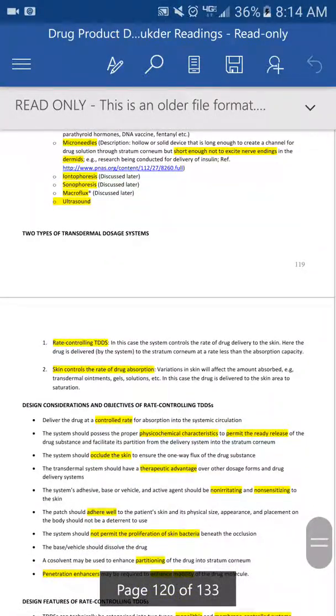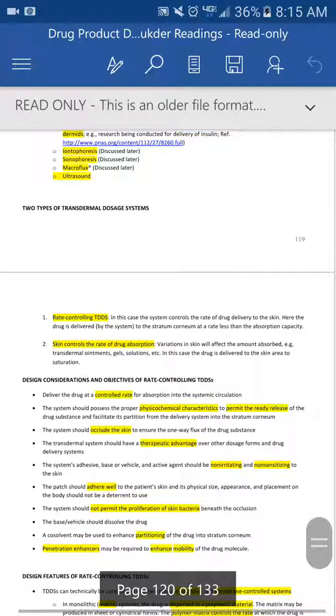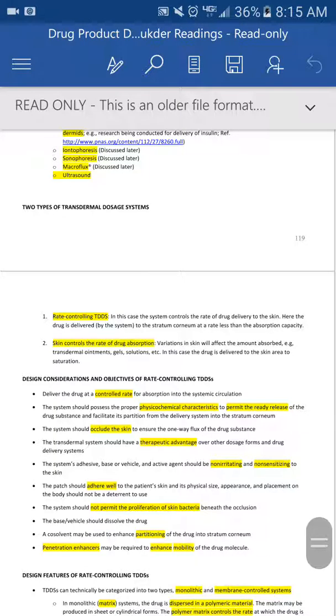Microneedles: a hollow or solid device that's long enough to create a channel for drug solution through the stratum corneum, but short enough to not excite nerve endings and make you bleed, I would say. It's genius. The idea is genius. Iontophoresis, discussed with sonophoresis, Macroflux and ultrasound.